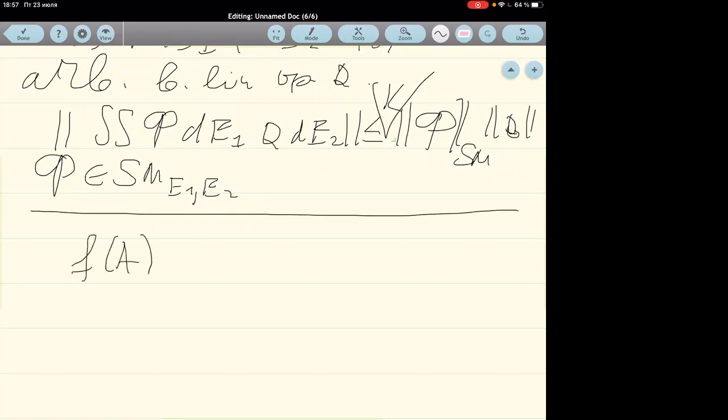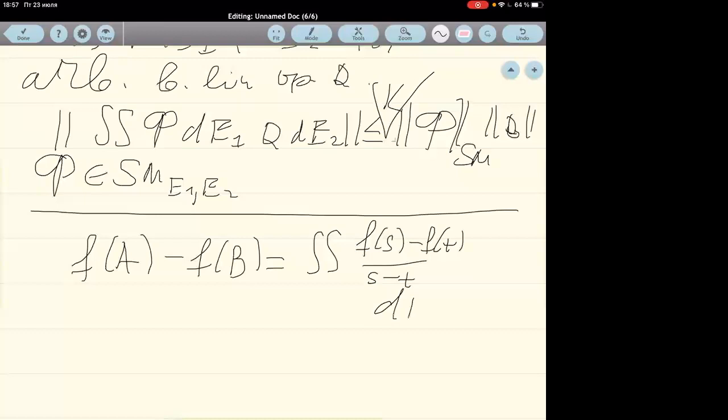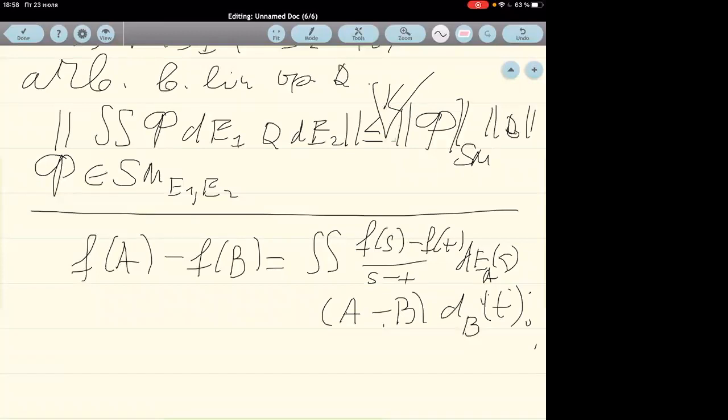We have the following formula: f of A minus f of B is the following double operator integral: f of s minus f of t over s minus t, then we have dEA of s, A minus B, dEB of t, where EA is the spectral measure of A, and EB is the spectral measure of B.